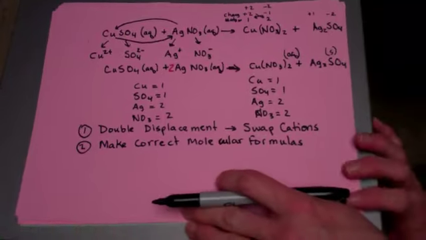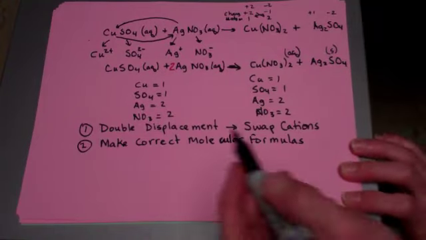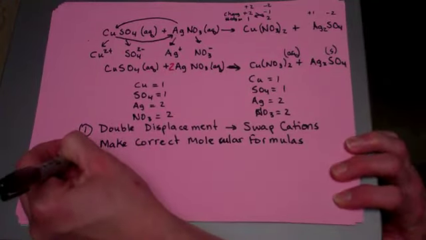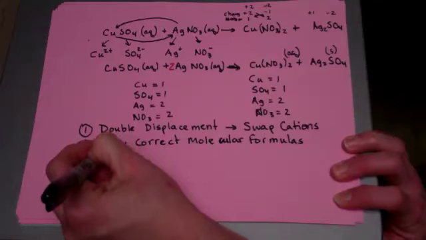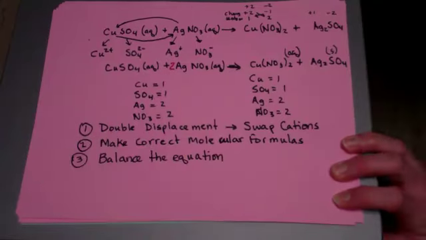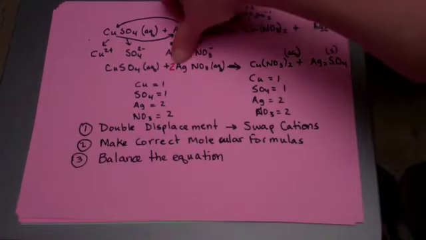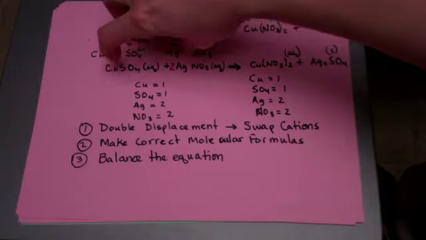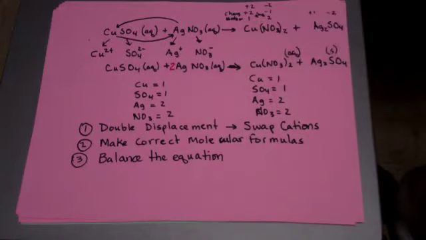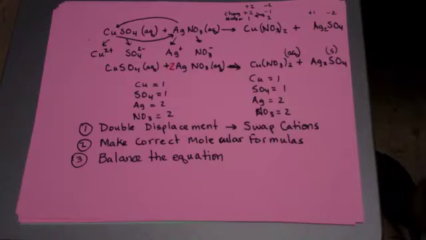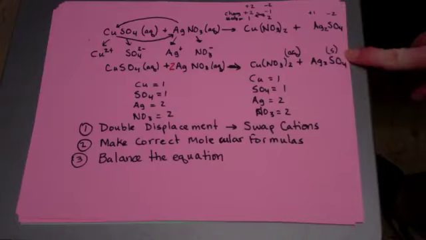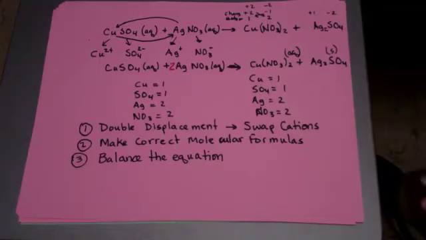Once you've made your correct formulas, the next thing you're going to do is balance the equation. Make sure that you've got the same number of elements on the left side of the equation that you have on the right side. Once you've balanced your equation, the final thing you need to do is look up the solubility rules and see which component is going to be the precipitate in your sample.